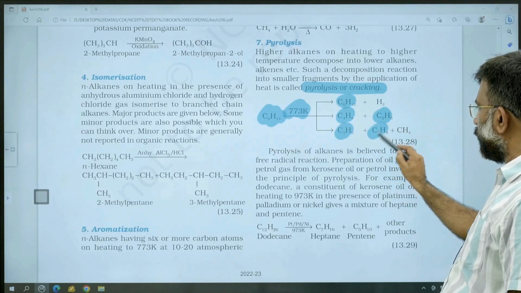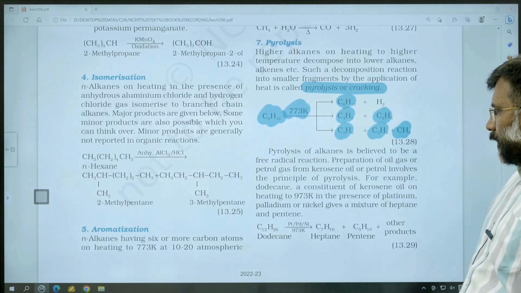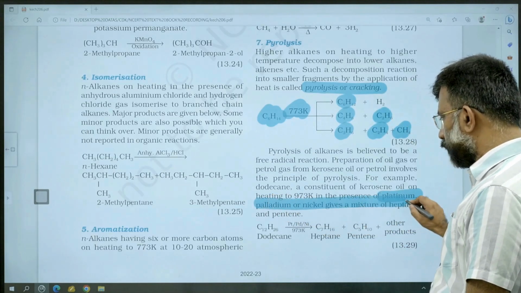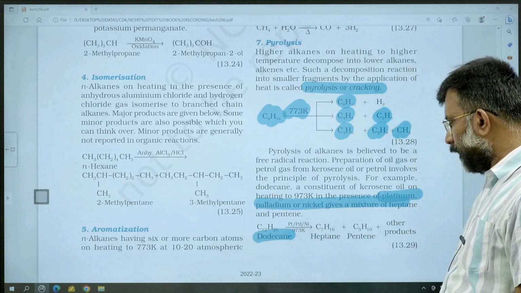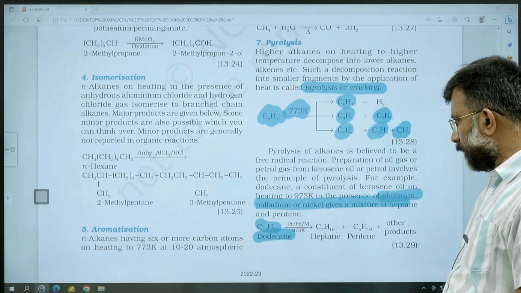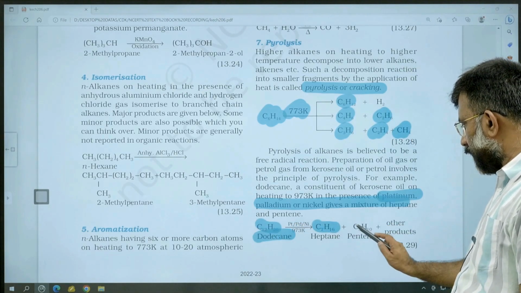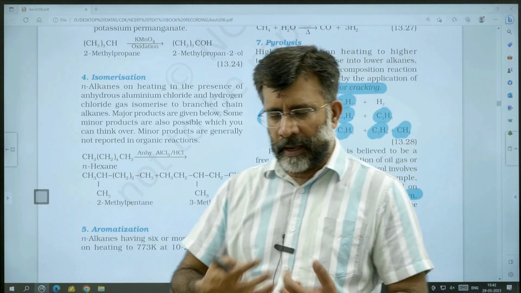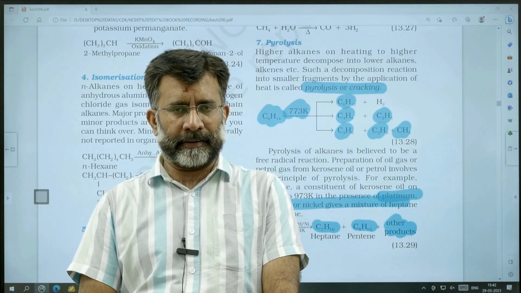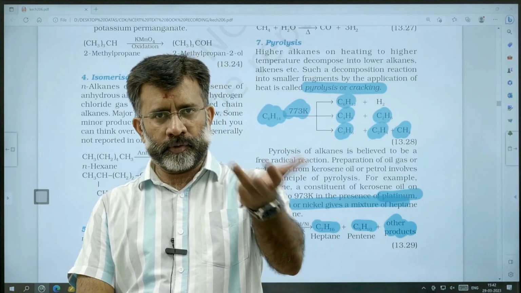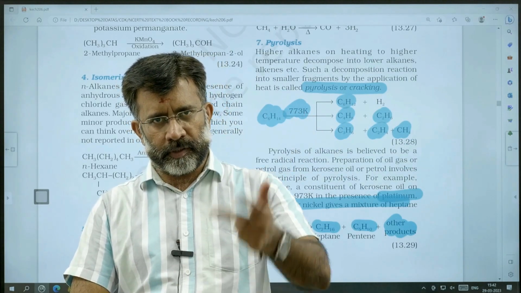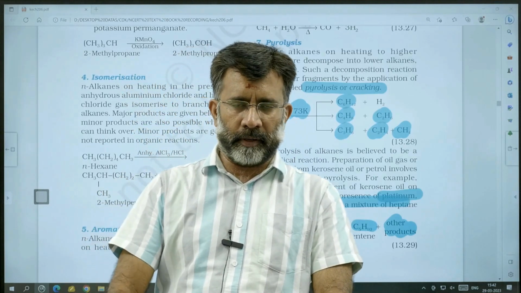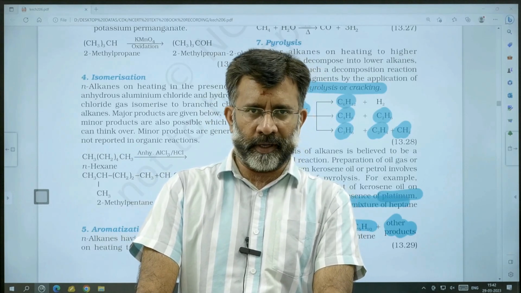The molecule is broken to simpler molecules. Sometimes we can make use of some catalyst also. You see dodecane, a 12 carbon atom alkane, converted to 7 carbon, 5 carbon and other products. You get simpler alkanes, alkenes, etc. Cracking. So whether isomerization, aromatization, cracking or pyrolysis, these are very popular in petroleum industries, used for improving the quality of petrol.